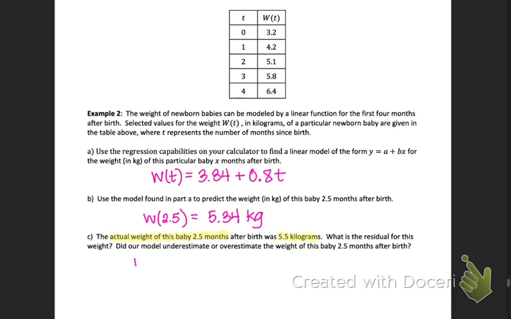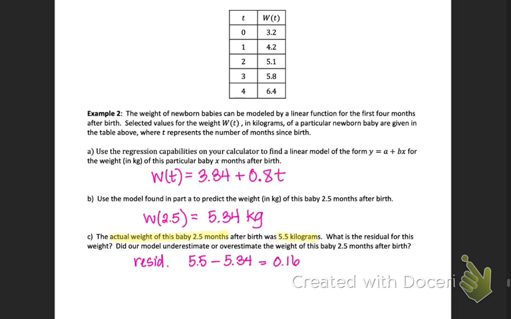So the residual is going to be the actual 5.5 minus our predicted, which is 5.34, and we get 0.16. But now the new question is, does this tell us that our model underestimated or overestimated the weight of the baby?